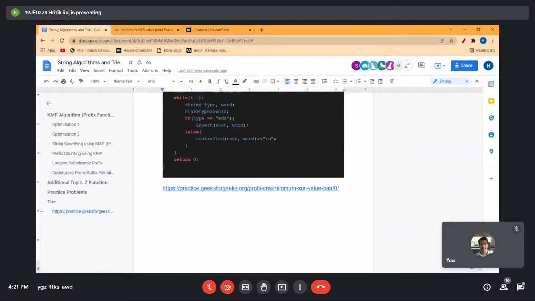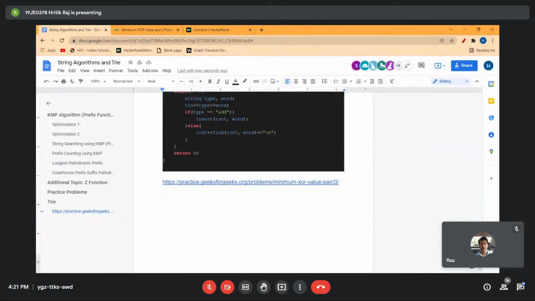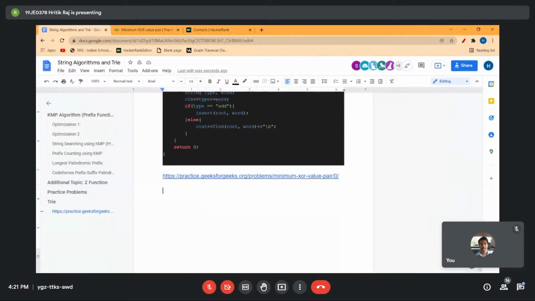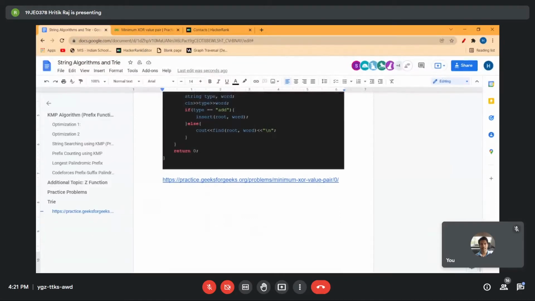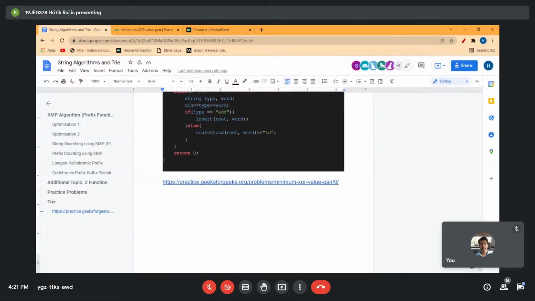If we see numbers in binary, then if we have two prefix matches, then it will be. Two prefix matches what? Yes, like suppose we have numbers 5, 7, 9.